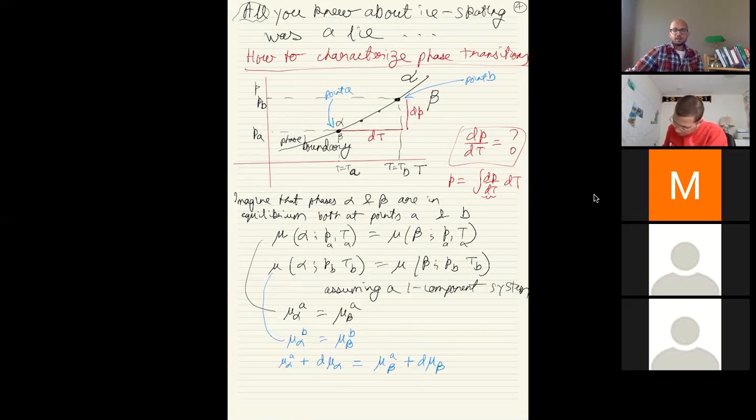So since my temperature and pressure changed by a very tiny amount, a differential amount, dT and dP, I'm saying that, let's say this changed mu alpha and mu beta by d mu alpha and d mu beta. That's the idea over here.